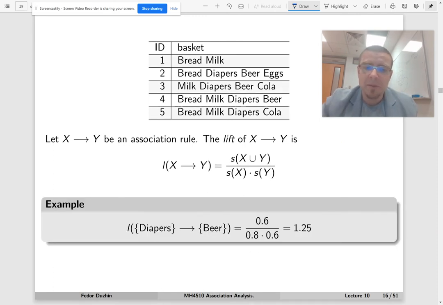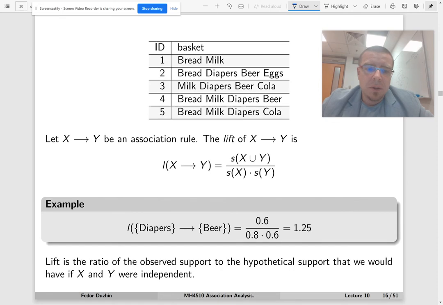Here is an example: diapers imply beer. The lift of this rule is going to be 1.25. Note that the lift is symmetric. If you switch X and Y, you will get the same result. The meaning of the lift is that it is the ratio of the observed support to the hypothetical support that we would have if X and Y were independent.